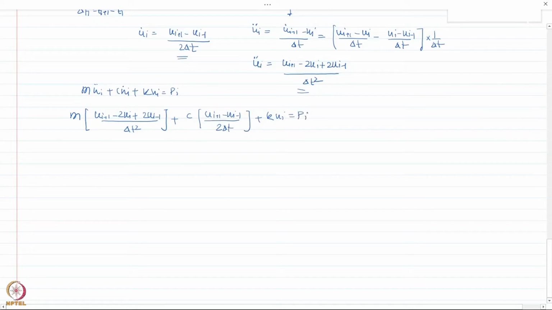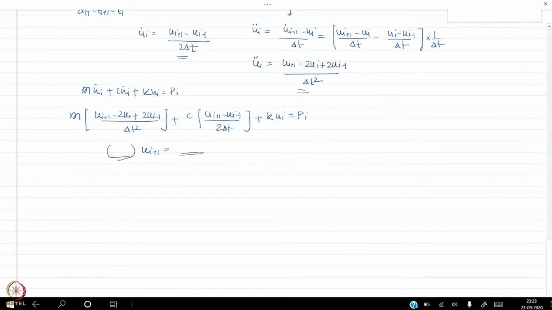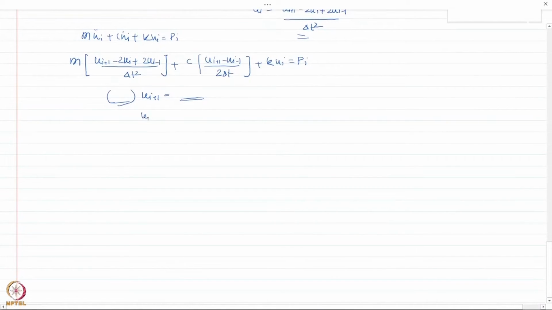The way I want to arrange this equation is as some constant times u_{i+1} equal to some known functions on the right hand side, so that if this coefficient and the right hand side functions are known, then I can find this value.